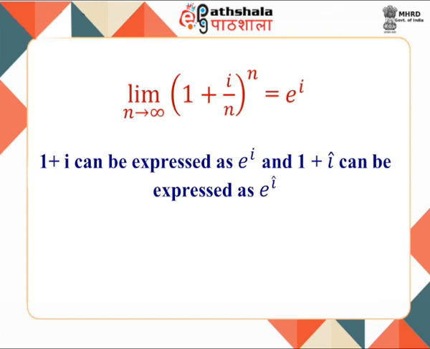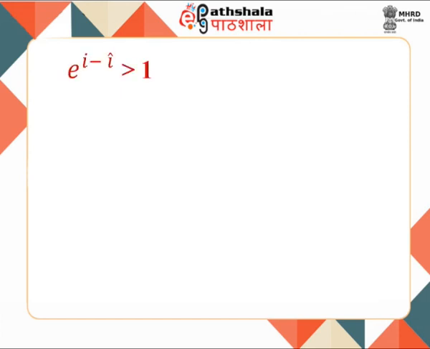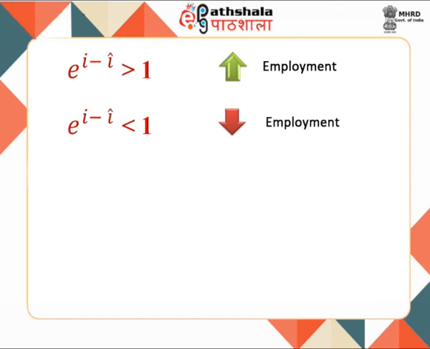Therefore, employment given by E is a function of e raised to the power of (I minus I cap). If e raised to the power of (I minus I cap) is greater than 1, then it implies an increase in employment level. However, if e raised to the power of (I minus I cap) is less than 1, then it implies a decrease in employment level.